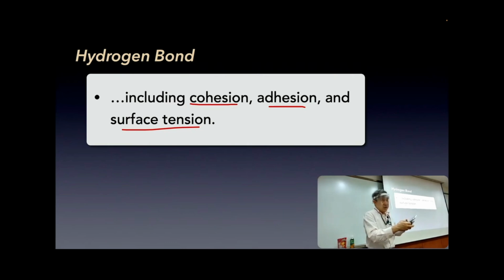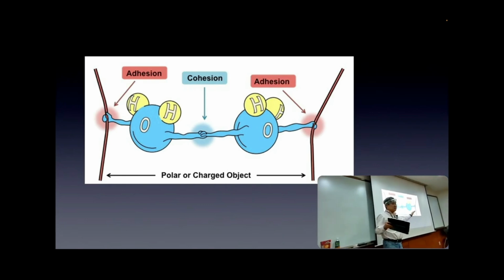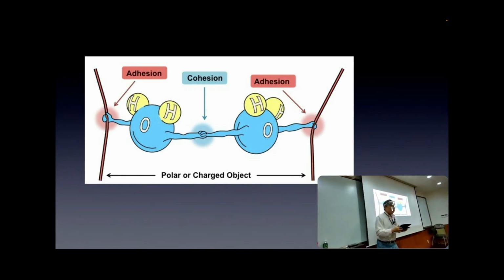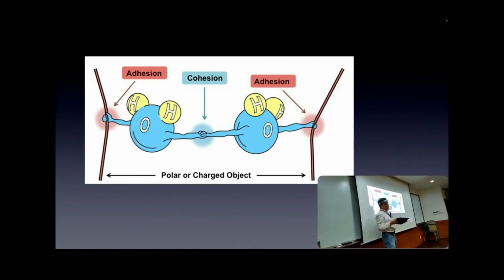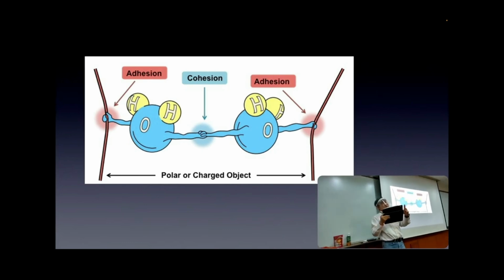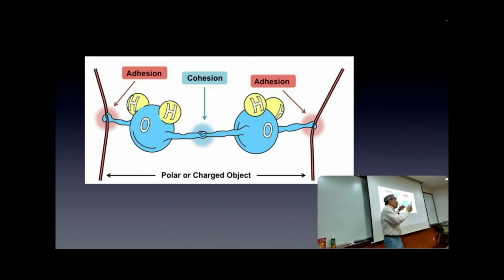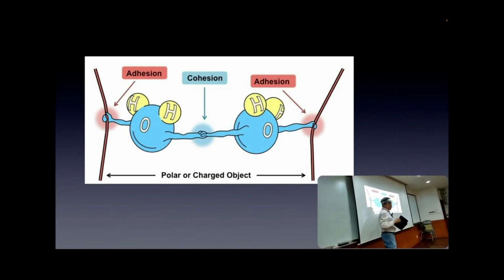When two water molecules hold together, this is cohesion. Water molecules are sticky; they tend to stick together. That's what we describe as the cohesion property.